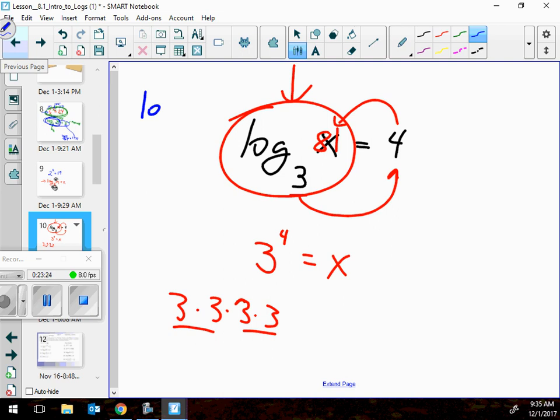What I would do is log 81 divided by log 3, unless I had the fancy software, which makes it easier. Out of curiosity, how many of you got the fancy software that you can just put it in directly? All right, so there's like 6 people who have that little advantage.